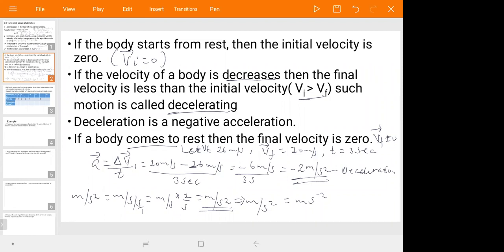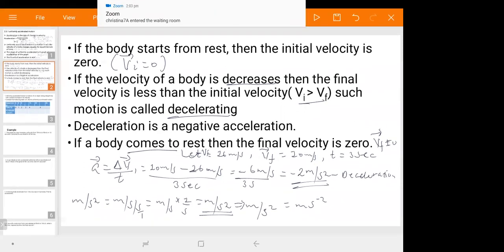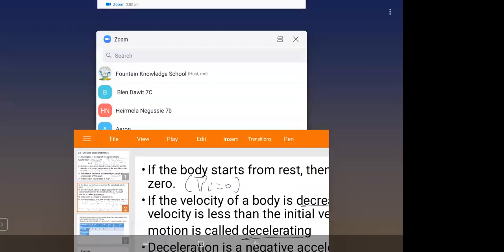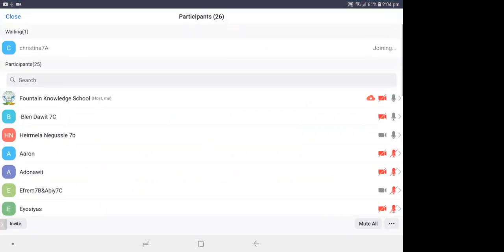When a body starts its motion from rest, its initial velocity is equal to zero. The other point: you must know what deceleration means, which we call negative acceleration. And if a body comes to rest, then the final velocity of the body is zero.